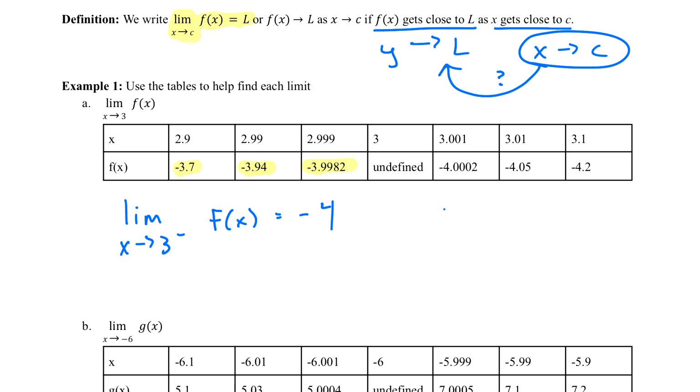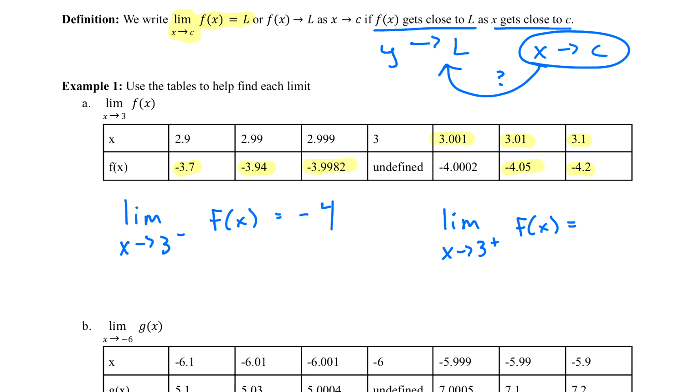Over there, we're going to say the limit as x approaches 3 from the right of f of x. Here, when x is 3.1, we've got a y value of negative 4.2. When x is 3.01, we've got a y value of negative 4.05.